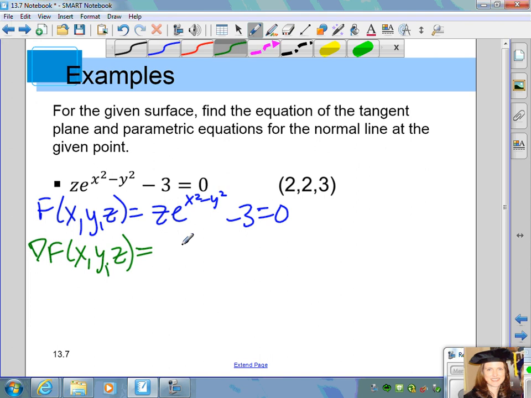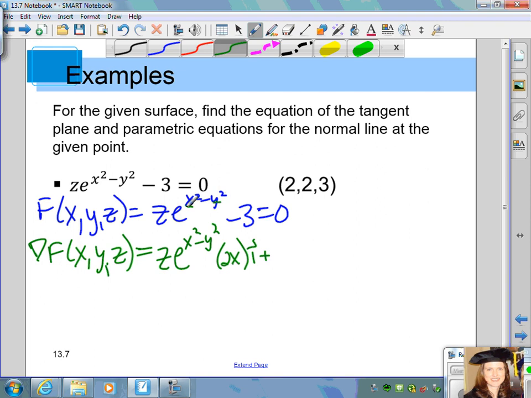Now the partial derivative with respect to x, you're treating x as a variable and everything else as a constant, so that partial derivative is going to be z e to the x squared minus y squared times the derivative of the exponent with respect to x, which is 2x. That's your i. Plus the partial derivative of this capital F of x, y, z function with respect to y.